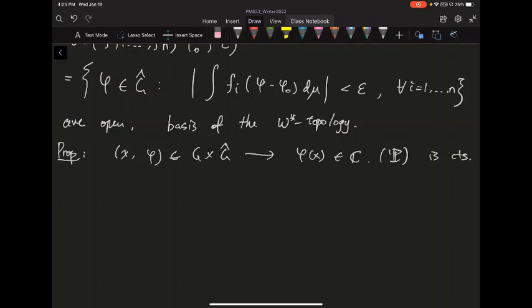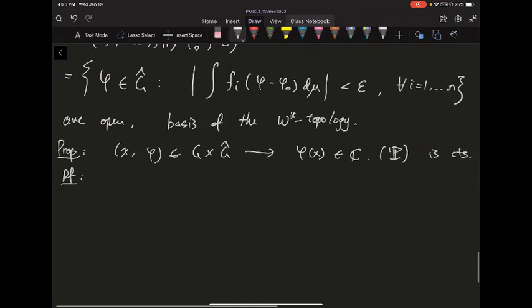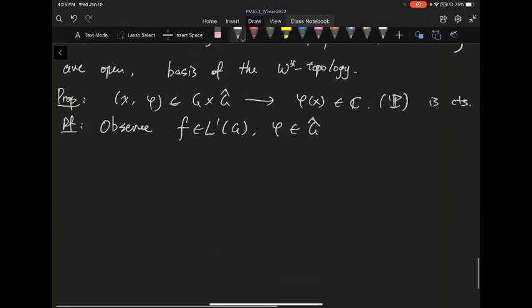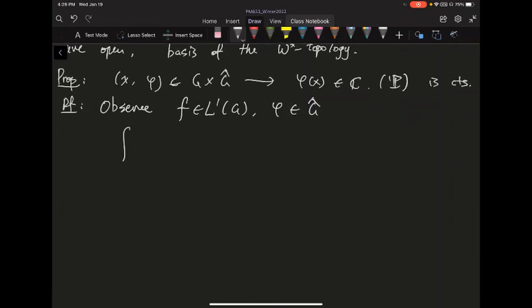All right, so here is the proof. To prove this fact, I basically need to find some open neighborhood of x and phi so that inside this neighborhood, the evaluation is close enough to phi of x. Let's observe the following first. Suppose I have an f inside the L1 of G, and I give you any phi inside the dual group.